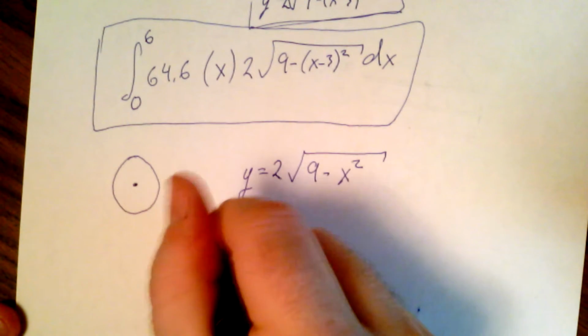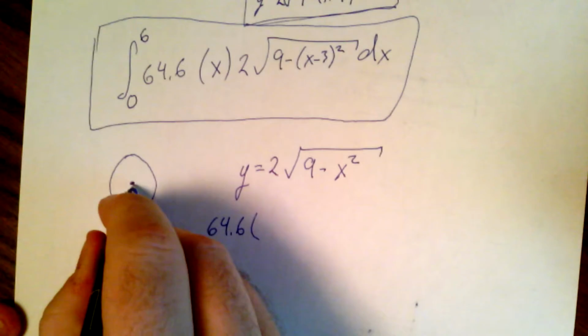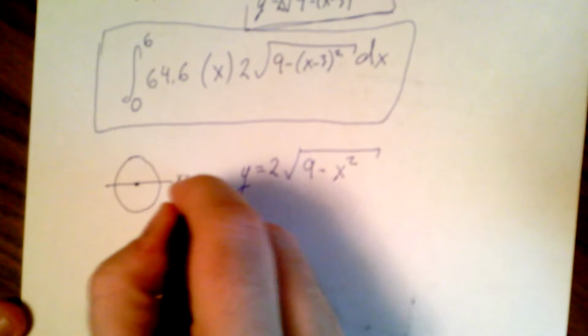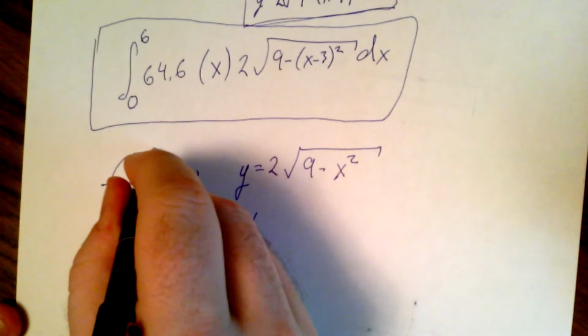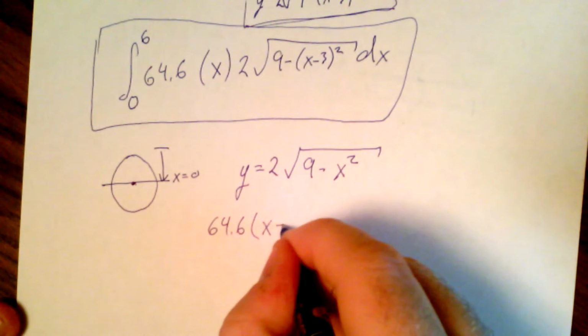And then we'd have 64.6 times our depth. Well, our depth is going to be, this is x equals 0. And when x is 0, we are 3 feet below the surface of the fluid. So we multiply by x plus 3.